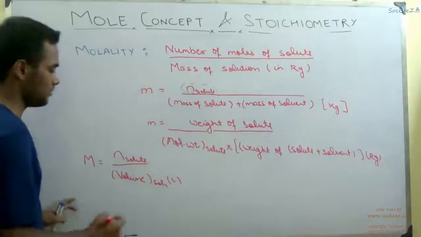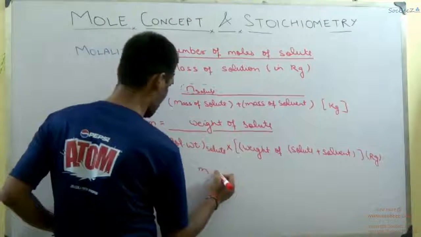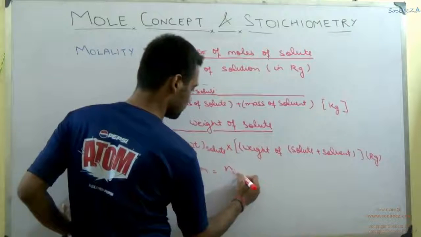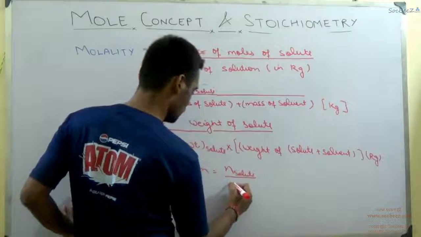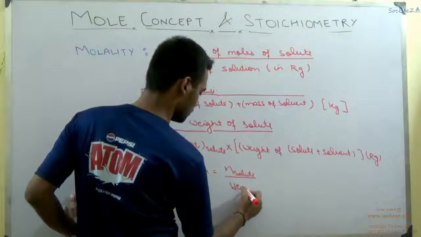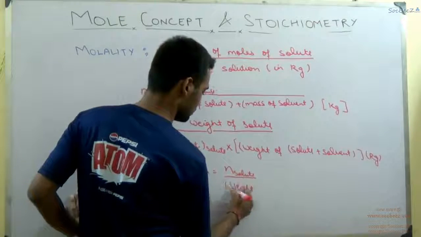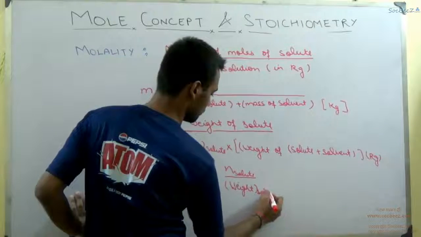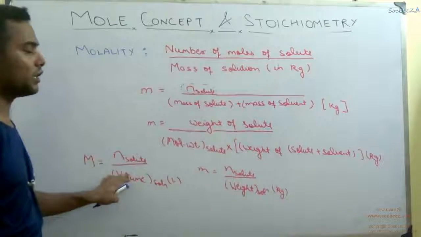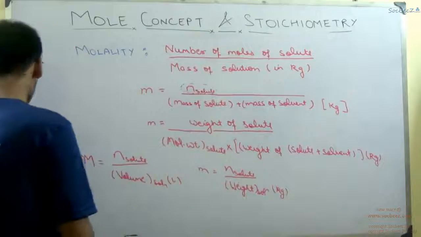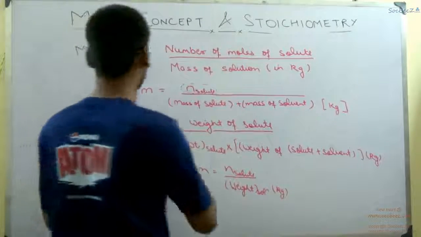Okay, and small m, that is molality, equals number of moles of solute divided by weight of solution in kilogram. Now if we equate number of moles of solute, let's see what we should get.